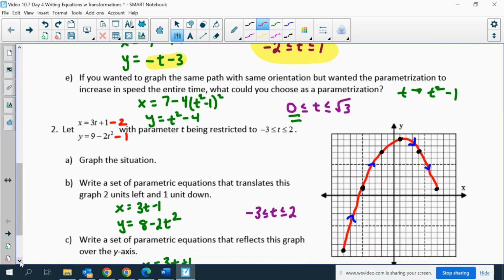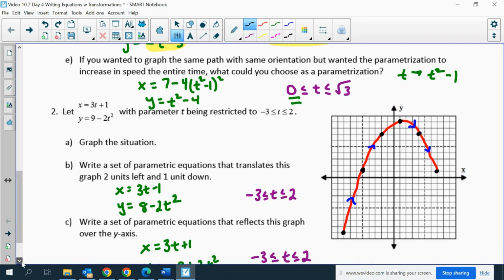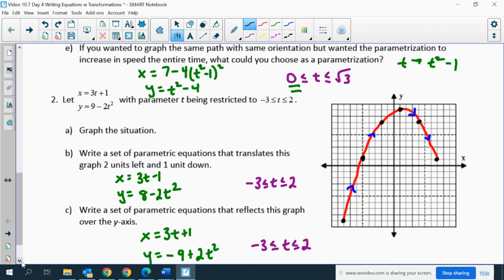Write a set of parametric equations that reflects the graph over the y-axis. Well, in order to do that, I need all of my y values to be the exact opposite of what they currently are. So I would multiply the y by -1. So it'd be -9 plus 2t squared. Also notice my t values don't have to change.